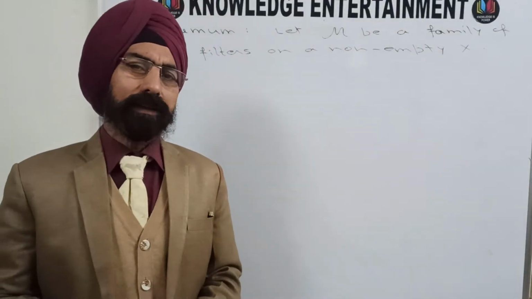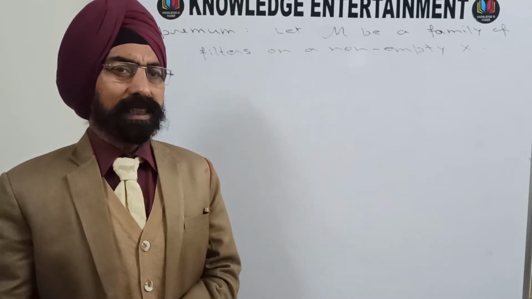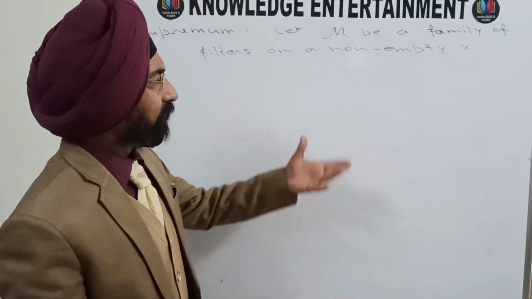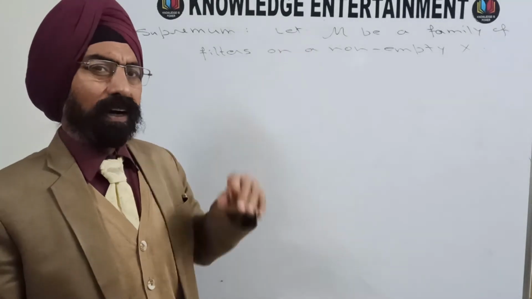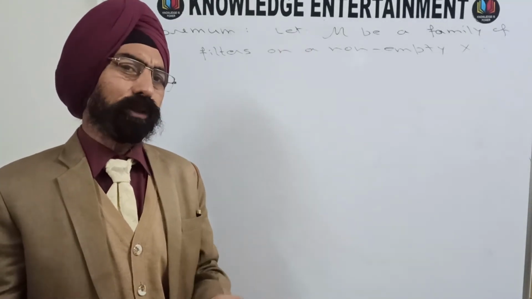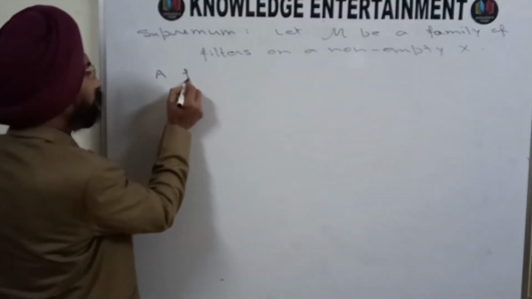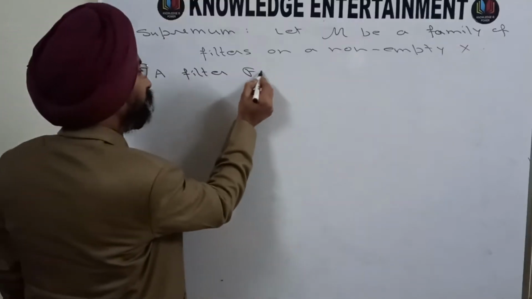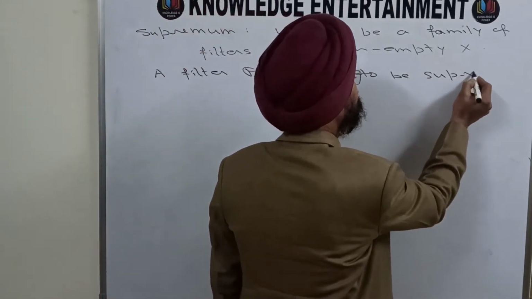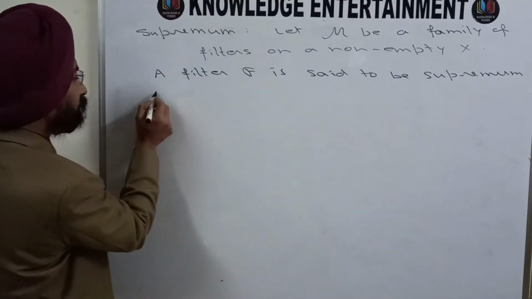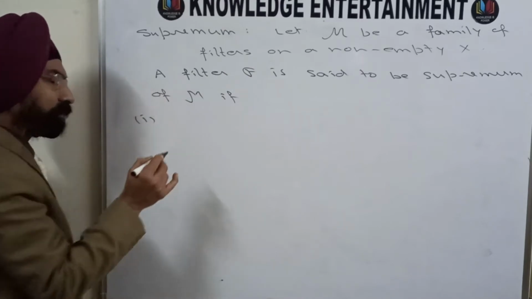First, I am going to tell you orally what the supremum of a family is. Supremum means a filter which is finer than every member of this family. A filter of M which is finer than every other filter of M is said to be the supremum of M. Mathematically, a filter F is said to be the supremum of M if there are two conditions.